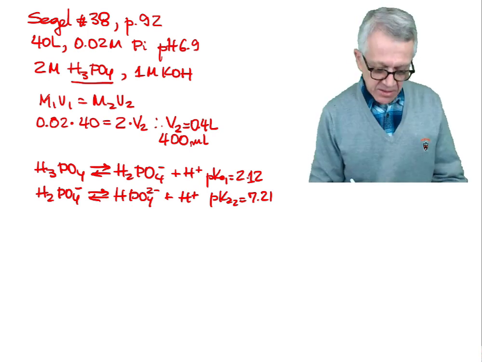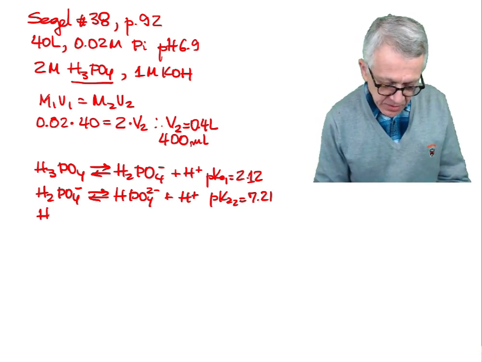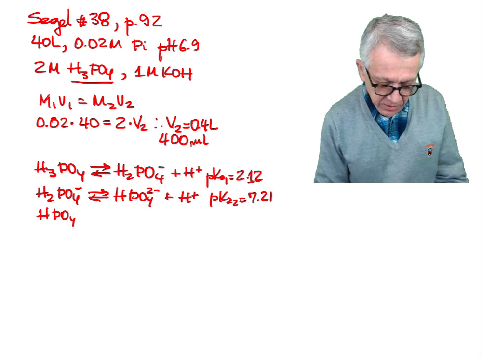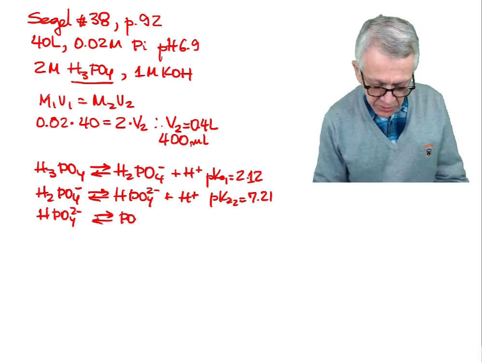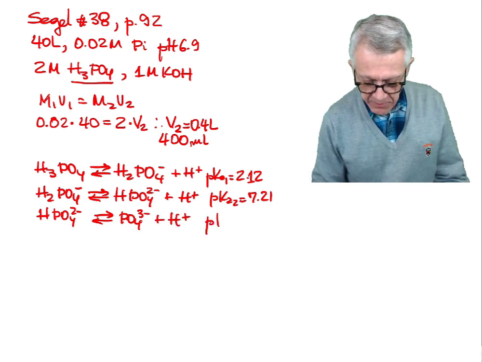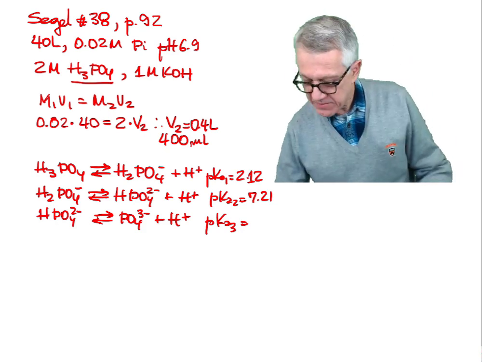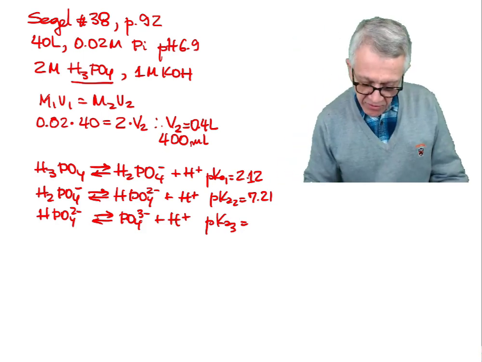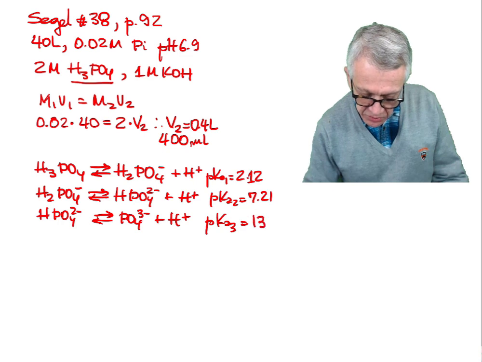And finally, the last equilibrium is HPO4 2 minus in equilibrium with PO4 3 minus plus H plus, and the pKa3, which is 12.32.